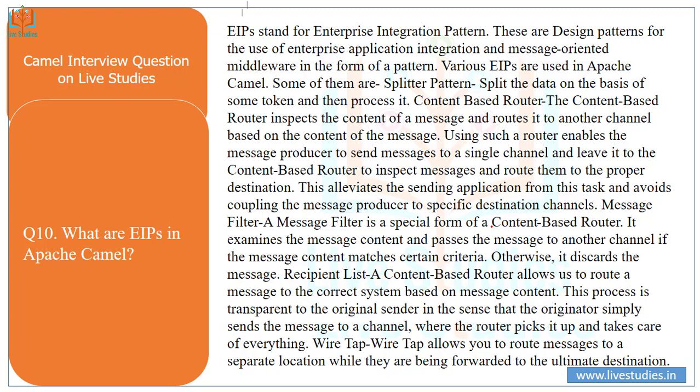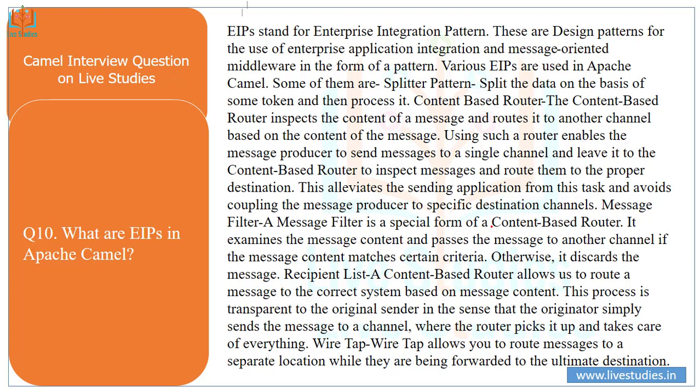The message filter. A message filter is a specific form of a content-based router. It examines the message content and passes the message to another channel if the message content matches certain criteria. Otherwise, it discards the message.